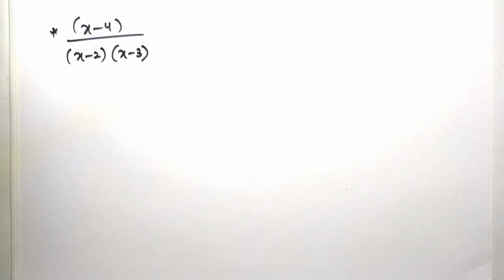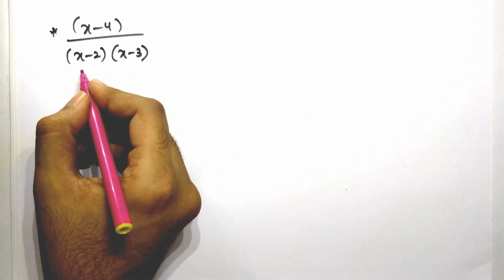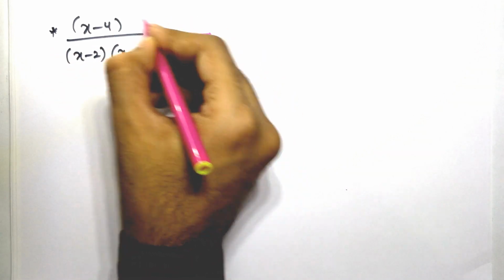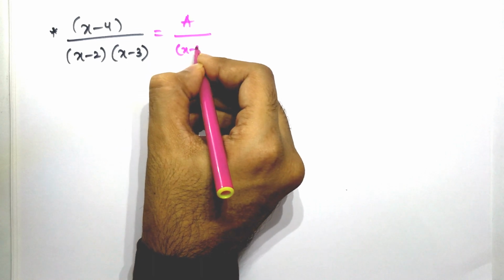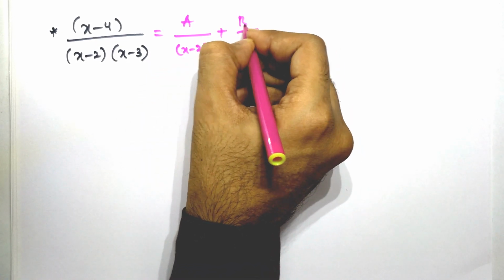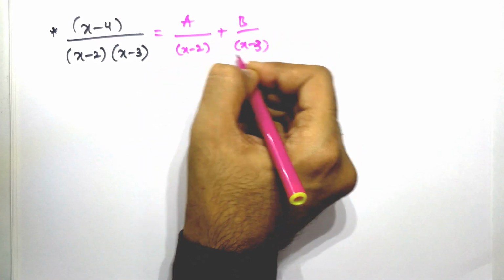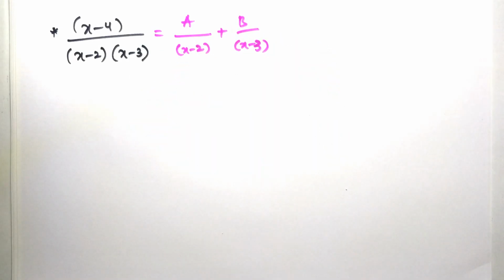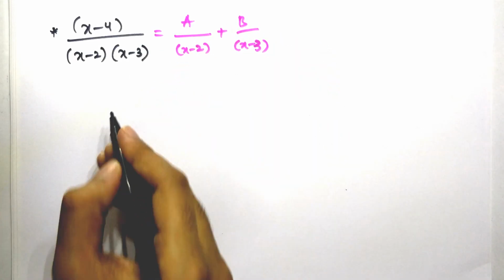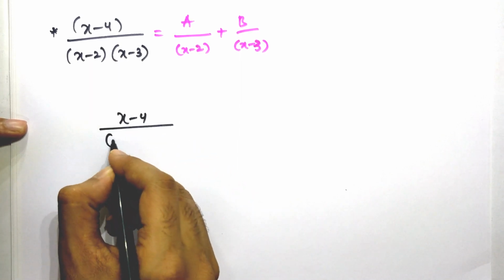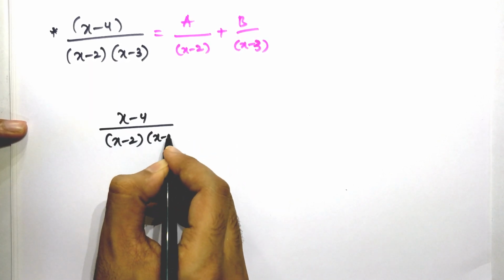You can hide one term and seek the other value. First write down a by x minus 2 plus b by x minus 3. I want the value of a and b. So write down the term x minus 4 by x minus 2 into x minus 3.